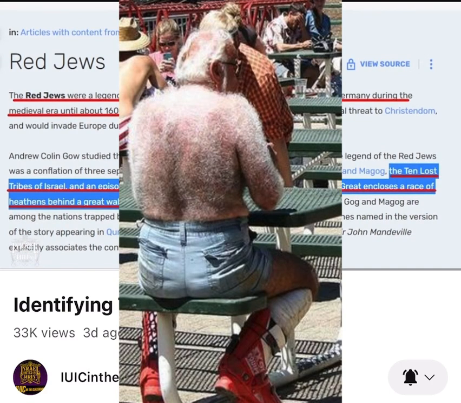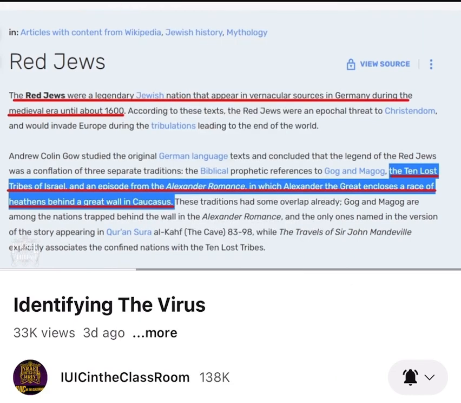Red Jews. The Red Jews were a legendary Jewish nation that appear in vernacular sources in Germany during the medieval era until about 1600. Vernacular means in different languages. Read on. According to these texts, now just read what's highlighted. The 10 Lost Tribes of Israel, an episode from the Alexander Romance. Stop. The Alexander Romance was his diary of his exploits.